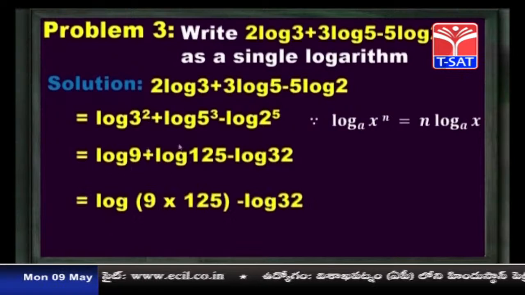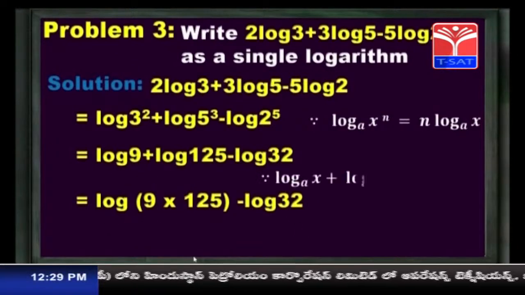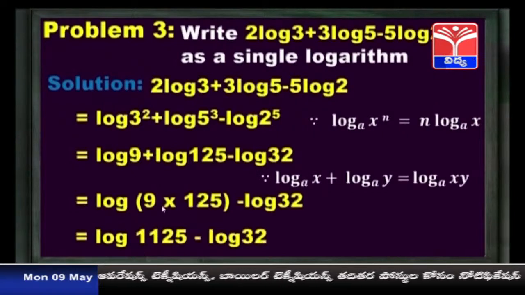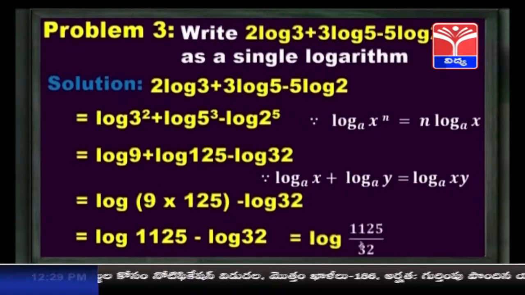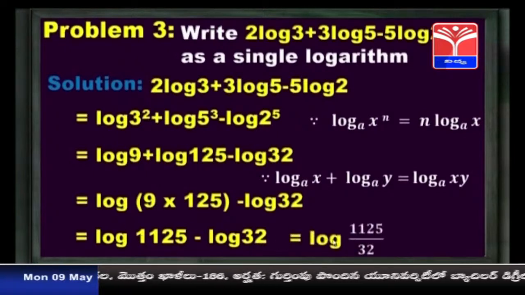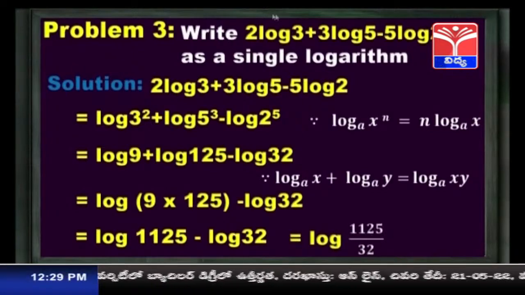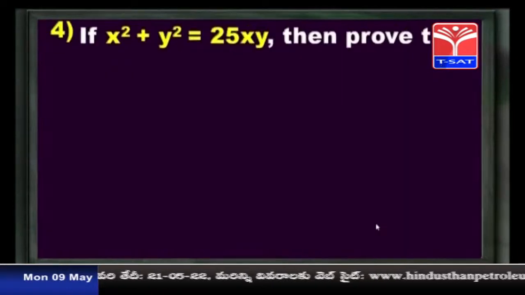Now use the product rule: log 9 into 125 minus log 32. Again log 9 into 125 is log 1125 minus log 32. By using the quotient rule, it becomes log 1125 by 32. So here the multi-logarithm converted into single logarithm.